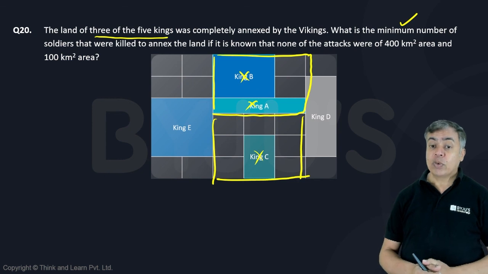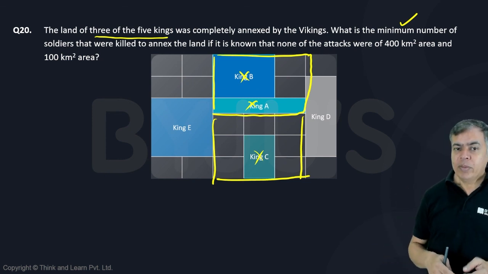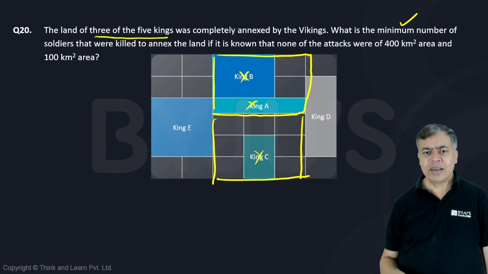Because to take king D, you need to take either 4 by 4, and that number of soldiers will be more. Here their area is also smaller, for king B, king A and king C. King A and king C are very small. Okay, let's see how much now. Because this is unoccupied there are 1, 2, 3, 4, 5, 6, 7, 8, 9.